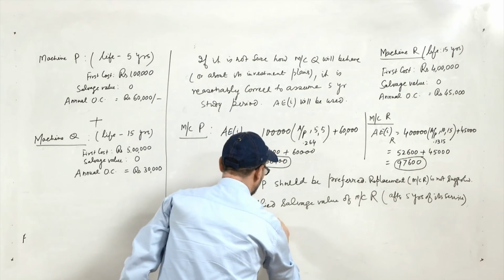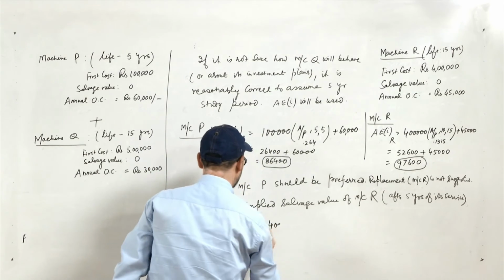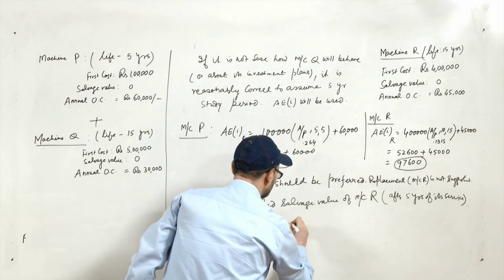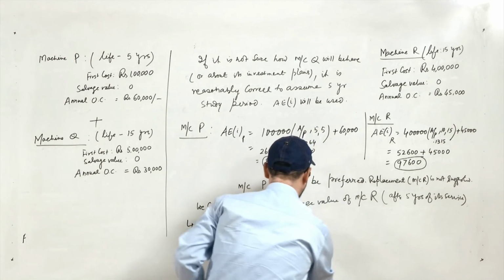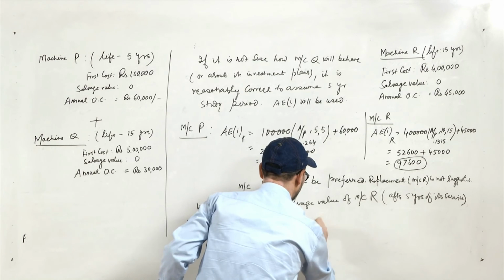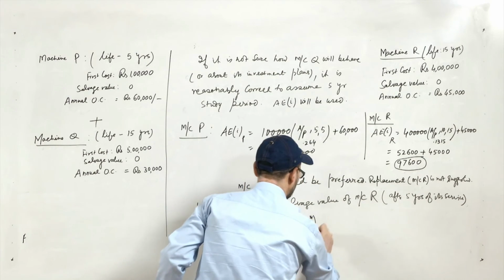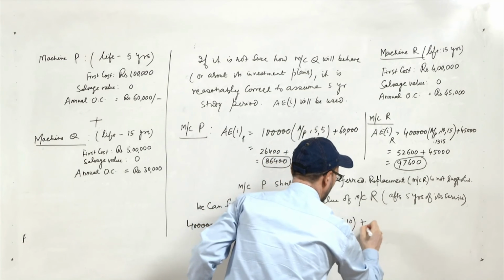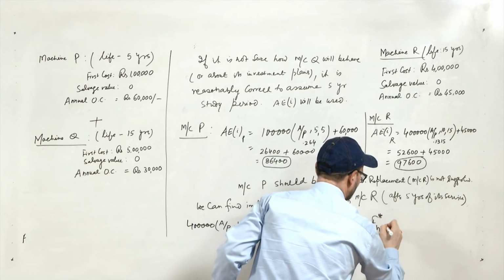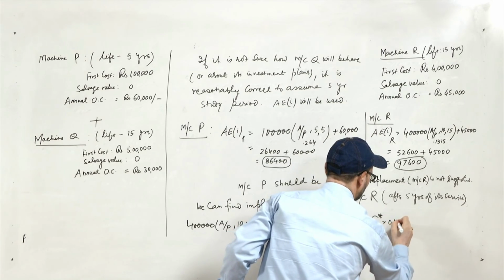It will be 4 lakh multiplied by A by P 10, 15, that is 4 lakh minus Fn star, A by P 10, 10, plus Fn star multiplied by 0.1.